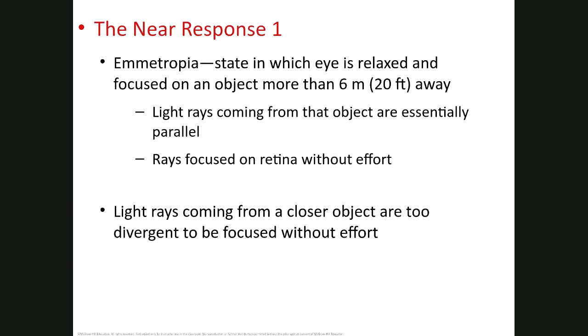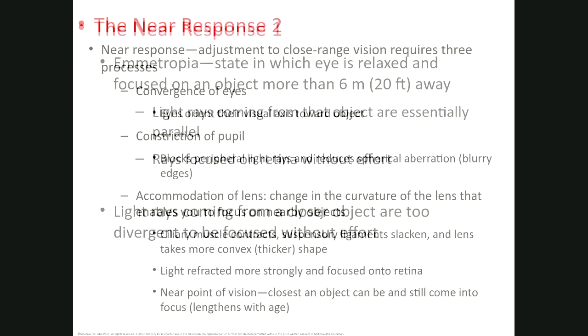The near response is when the eyes relax and focus on an object: light rays come in parallel and they come closer. Emmetropia is the normal state of the eye, and the light rays focus on a specific point in the retina. There's no change in the pathway.